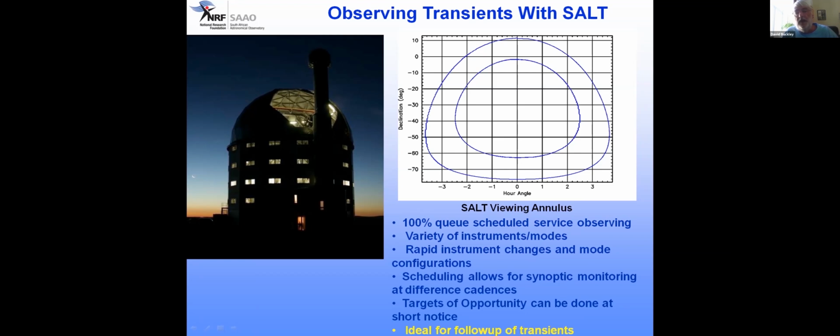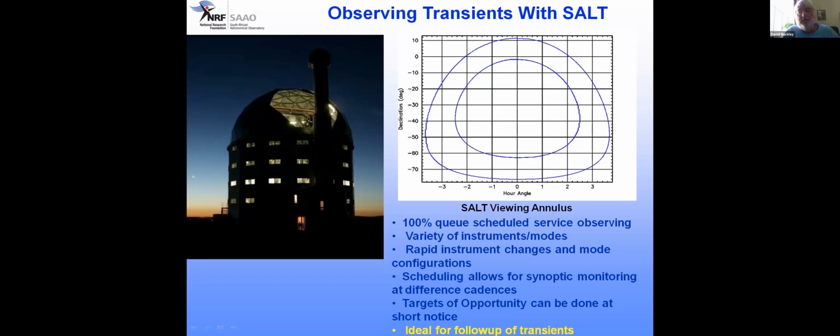Nonetheless, in any given night, most of the sky is covered. Something like 70% of the visible sky that during the night passes through the SALT viewing window. So with a telescope like SALT, which is 100% queue scheduled and done through service observing, so the astronomers don't go up and use it, we can populate the queue with proposals and targets and blocks, and they will get observed automatically, and how soon they get observed depends on the priority, which is a dynamic thing.